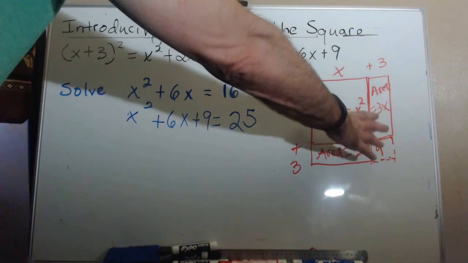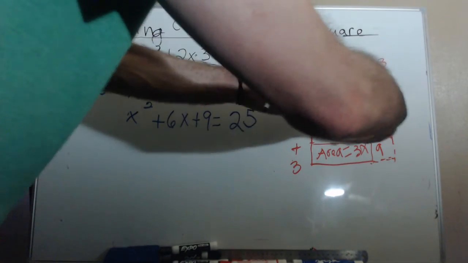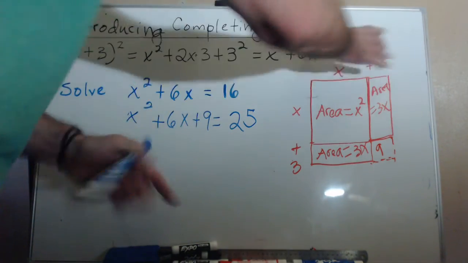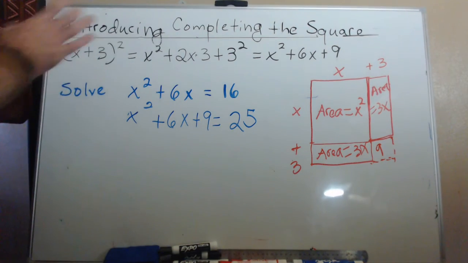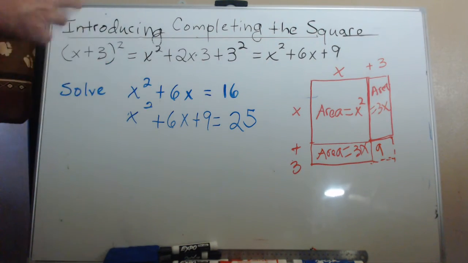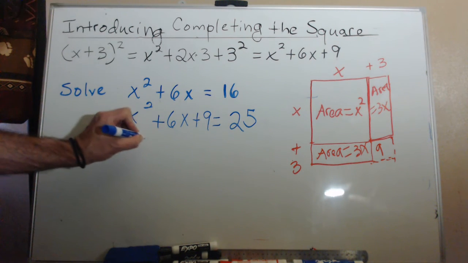Either by looking at the picture, going from the detailed view to overall, or reading this from right to left, instead of talking about a multiplication formula, I'm talking about it as a factoring formula instead.